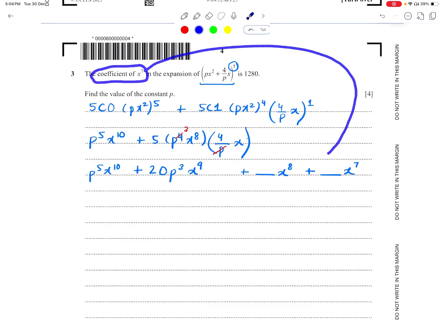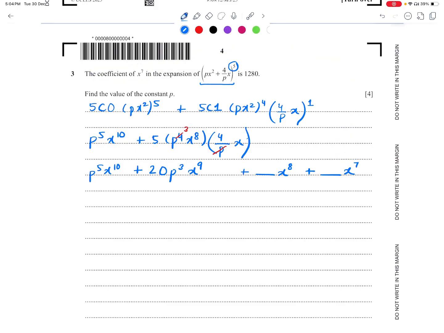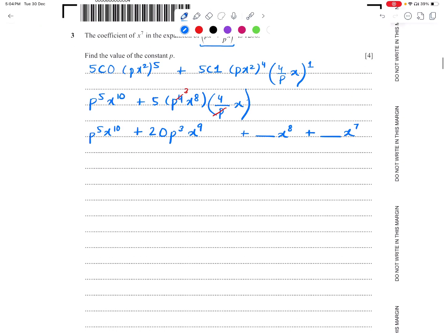So if I start working that out, that's going to be 5c3 px square raised to power 2, 4 over p into x raised to power 3. As I said, 2 and 3 must be adding up to 5.